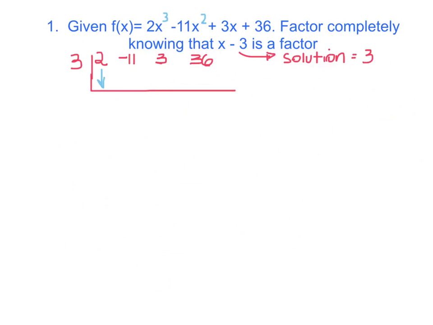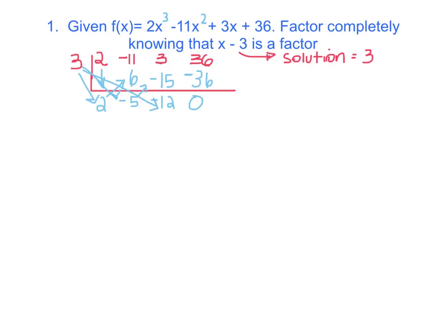So bring down the 2, multiply, put in here, add, multiply, put in here, add, multiply, put in here, add. Here is what the factor theorem was saying.